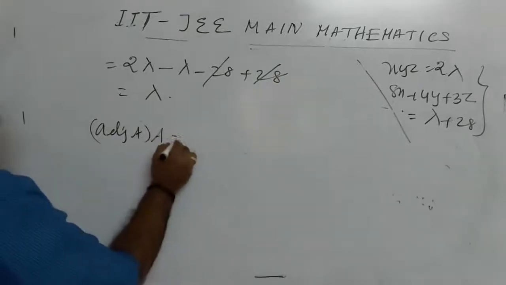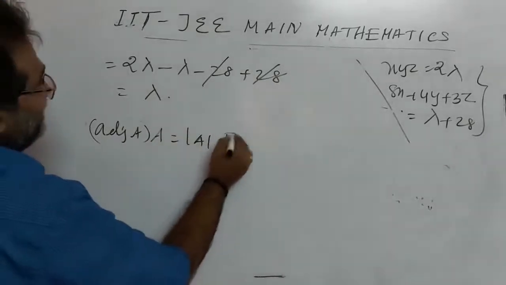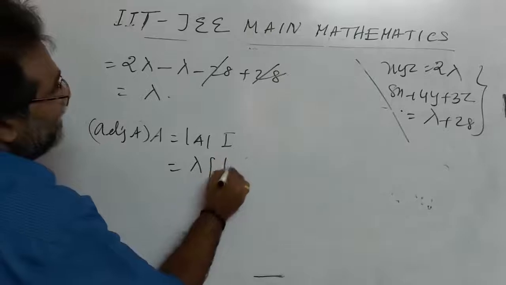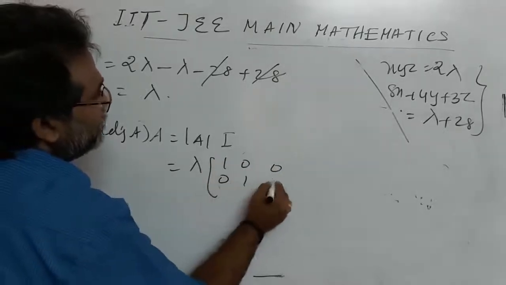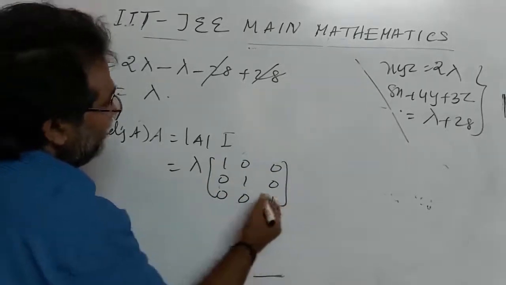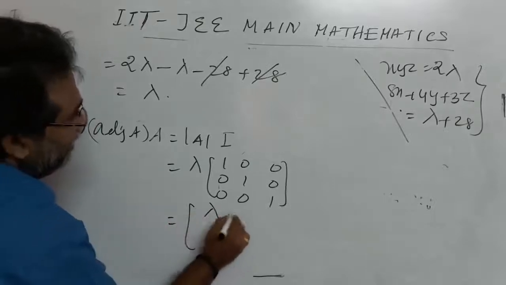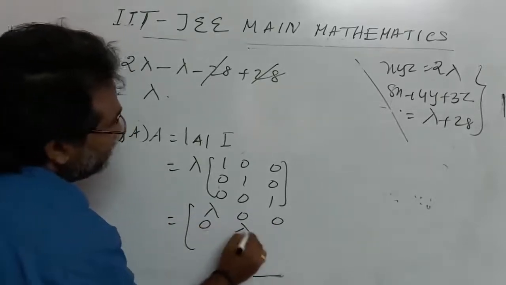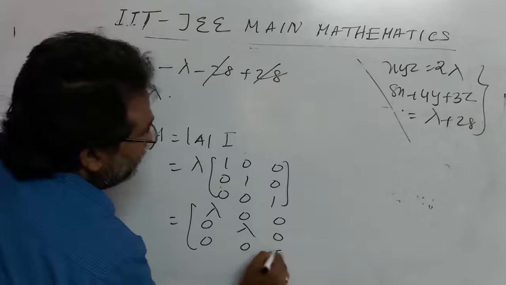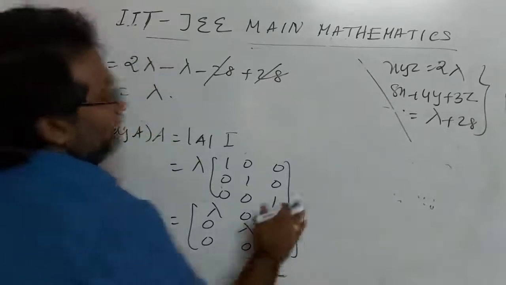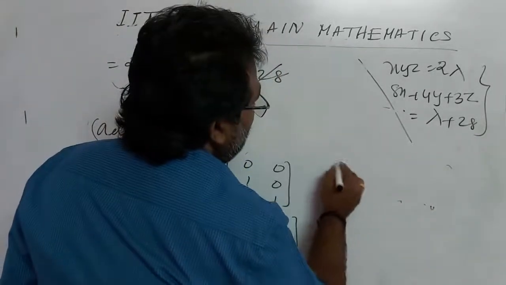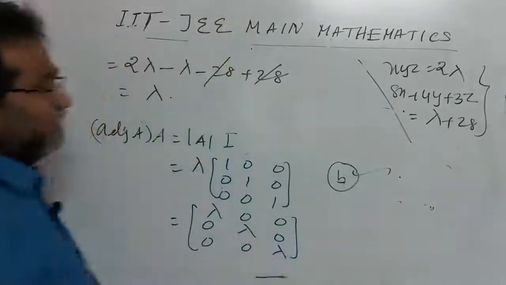So adjoint of A into A equal to determinant into I, lambda into the identity, that means lambda on the diagonal. Option B is correct.